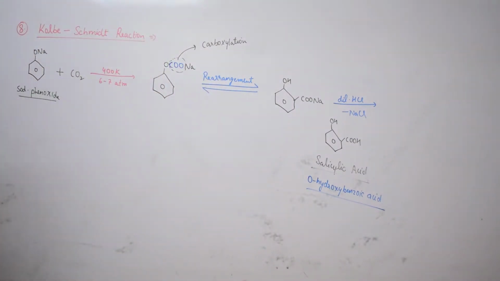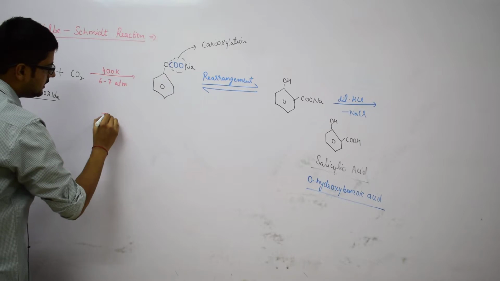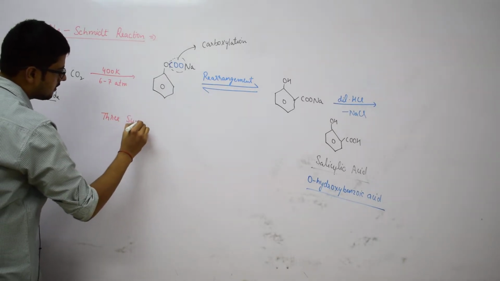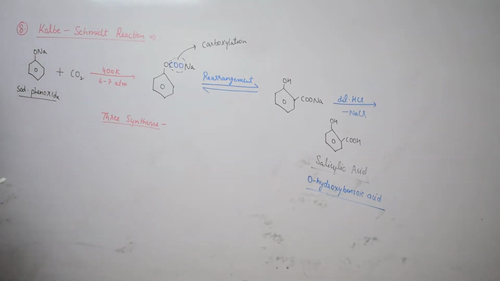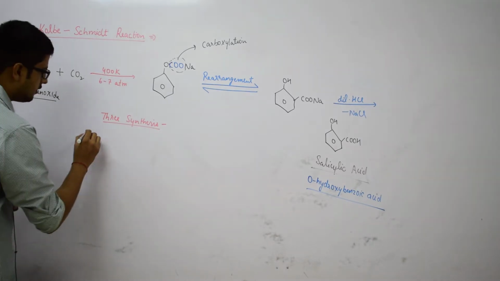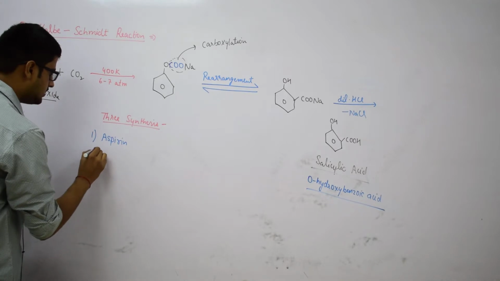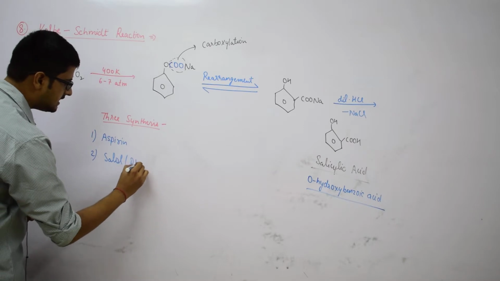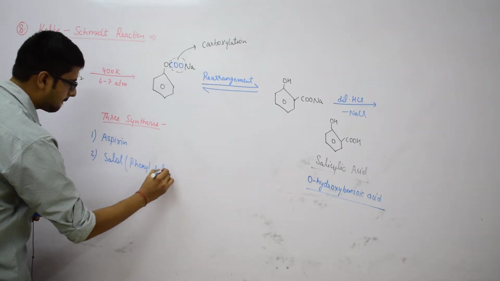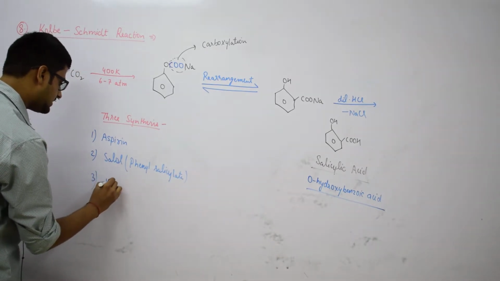So, this is the half mechanism of the Kolbe-Schmitt reaction, and from this entire mechanism we have to see three syntheses. The three syntheses are, first one is formation of aspirin, second one is formation of Salol which is called phenyl salicylate, and the third one is formation of methyl salicylate.